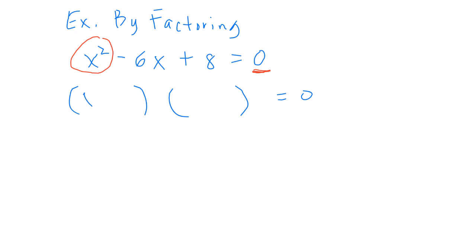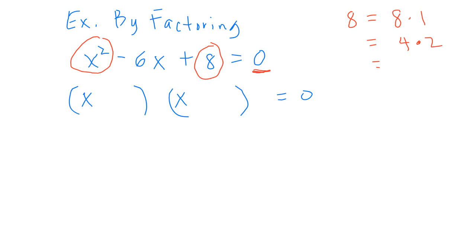So that would be x here and x here. And the next, we need to consider 8. So 8 has 8 times 1. That's the first factor. The second factor would be 4 times 2.